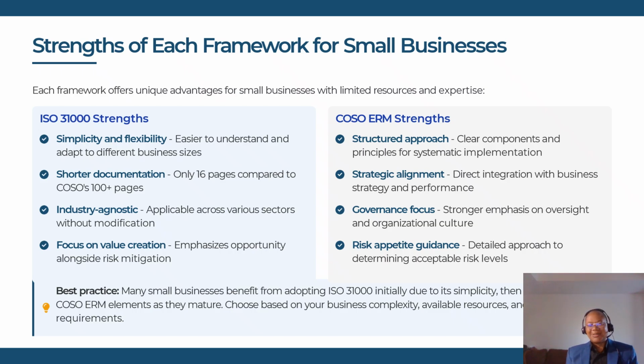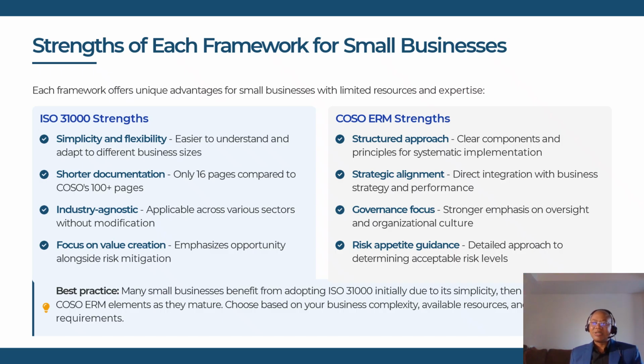Everything that has advantages surely must have some disadvantages. And here I've presented some of the weaknesses and strengths of both frameworks, focusing now on the strengths. Like we said initially, for the ISO 31000, simplicity and flexibility: it is very easy to understand and adapt to different business sizes.